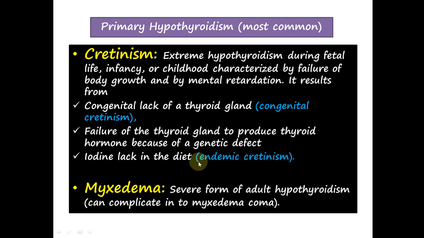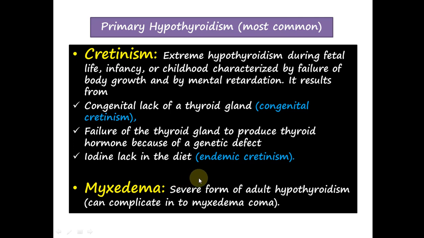In adult life, the development of hypothyroidism may be caused by thyroiditis, for which Hashimoto thyroiditis, an autoimmune disorder, is the most important.